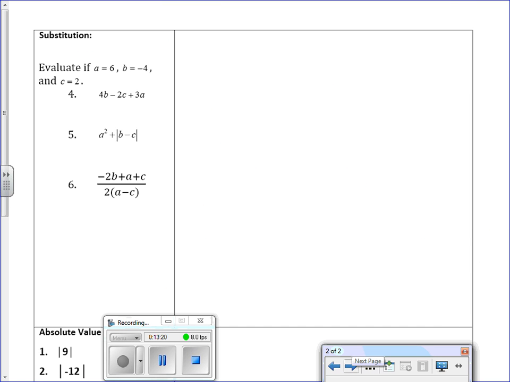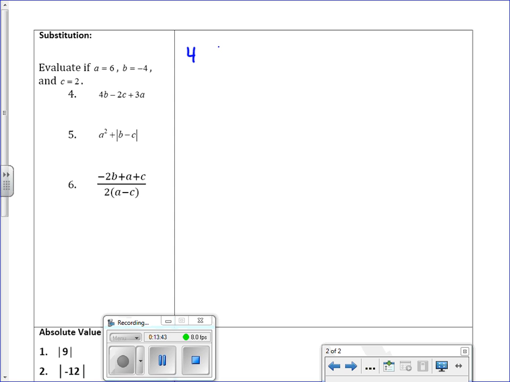Now, on the back here, I'm asking you to go ahead and substitute values in. Again, I'm going to do number 4 for you, and then I'm going to ask you to practice the next two on your own so we can look at them in class tomorrow. For number 4, I need to substitute these values in.